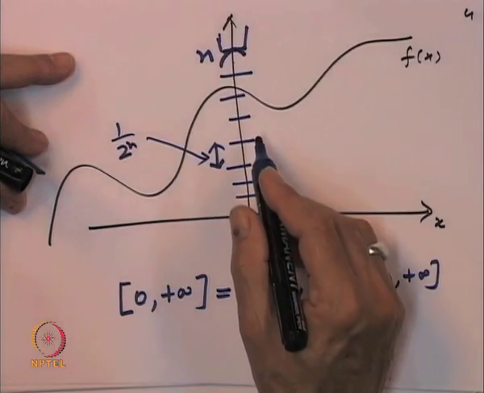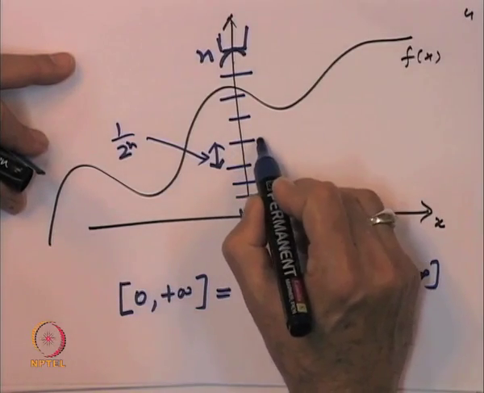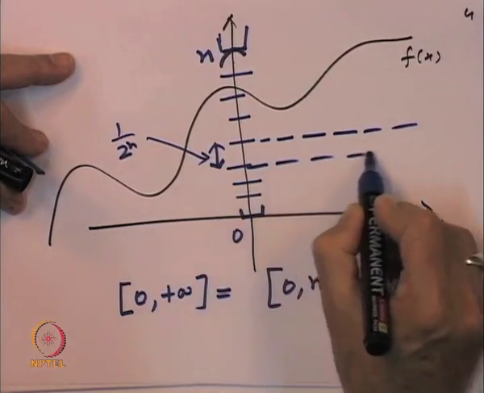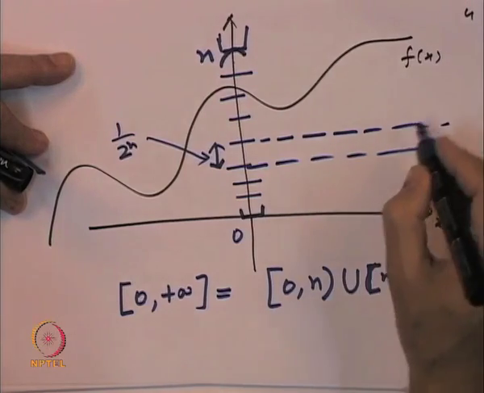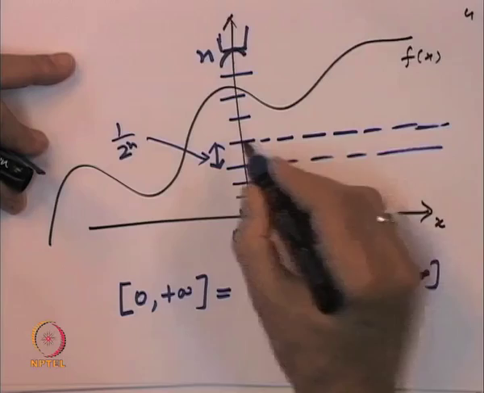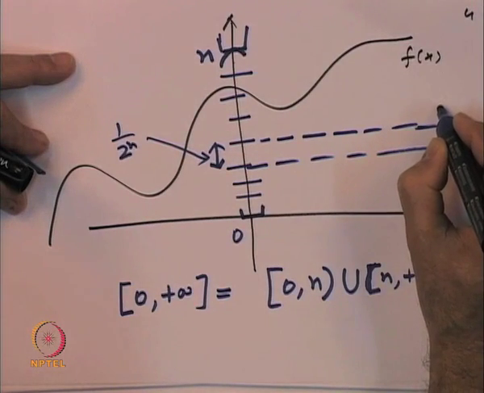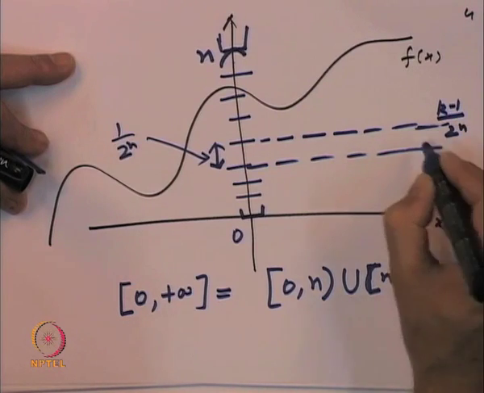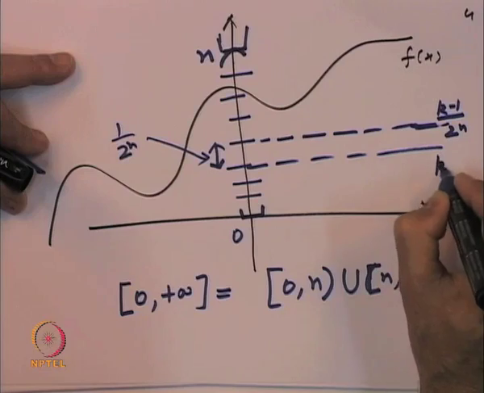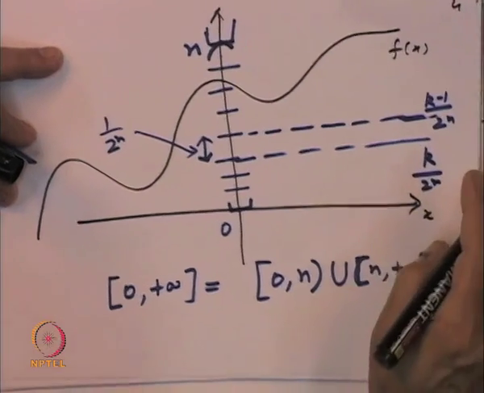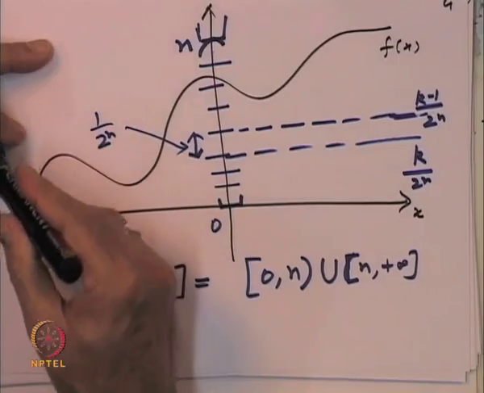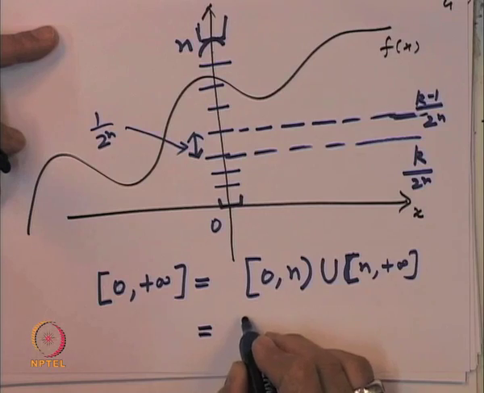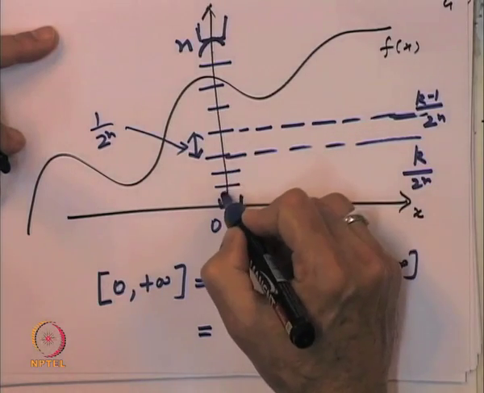So, let us call the interval, this is my general interval. The upper point here I will denote by, say, k minus 1 by 2 to the power n, and the lower point as k by 2 to the power n.